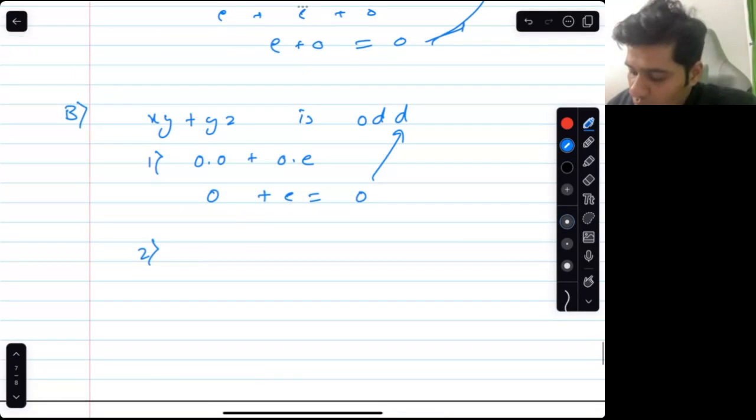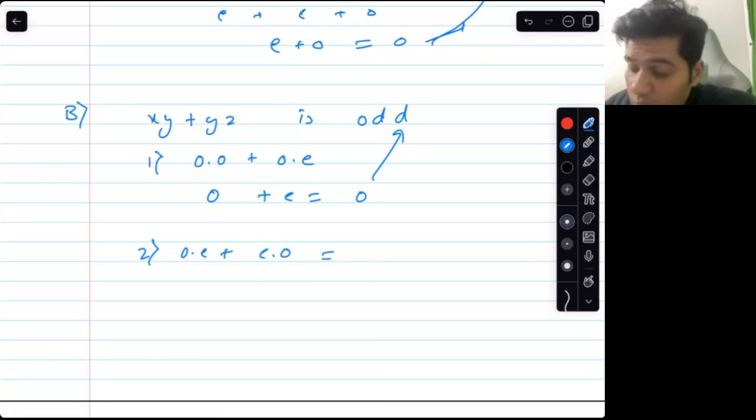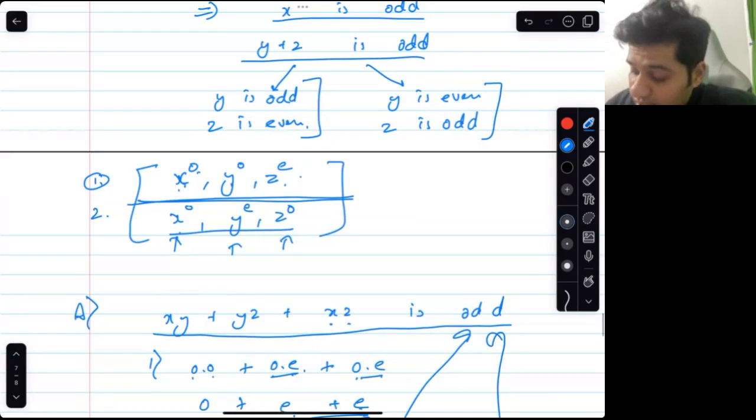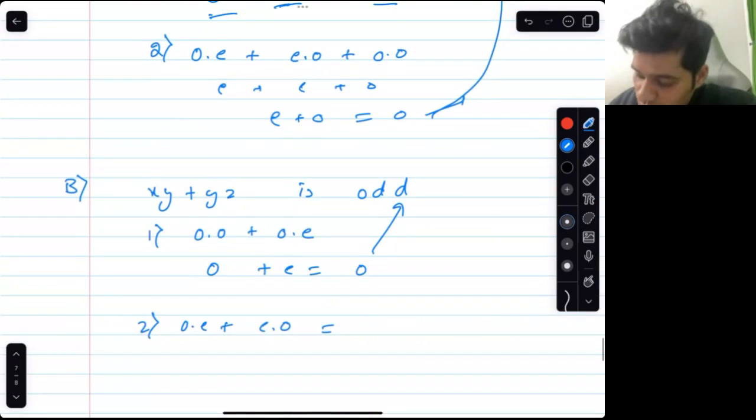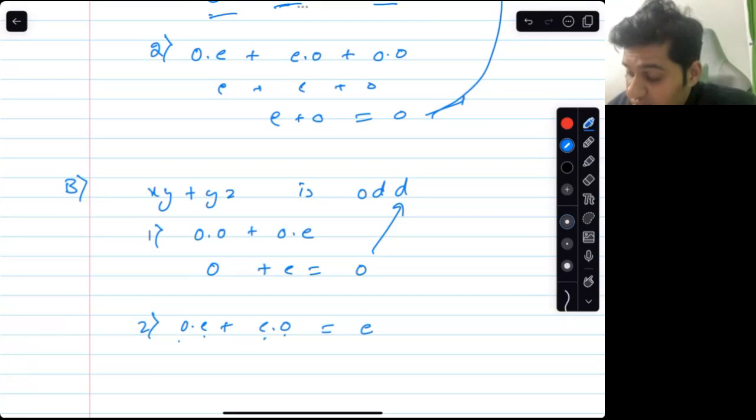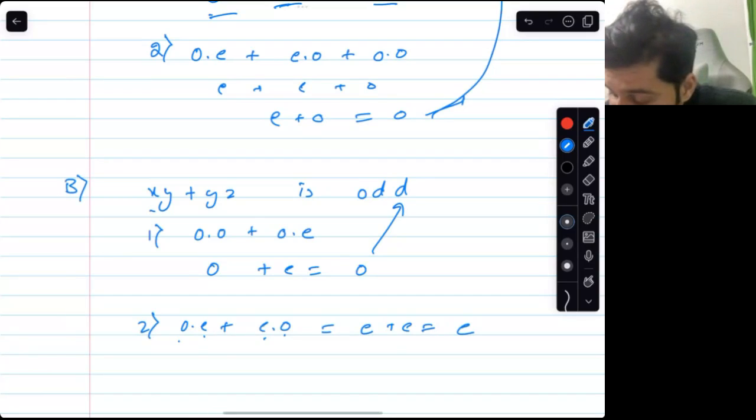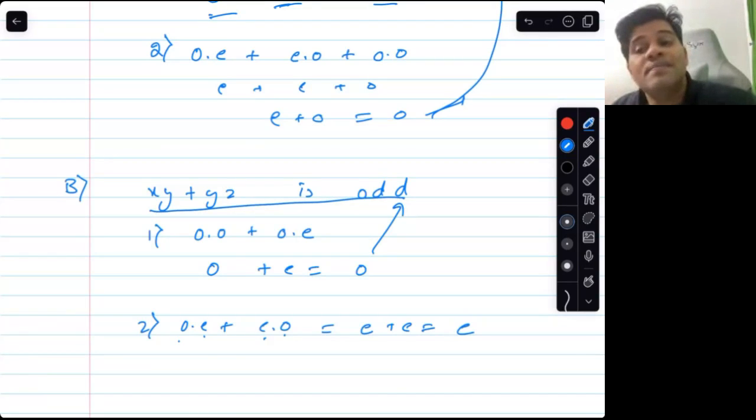So the second one is interesting actually here. X is odd, y is even, and z is odd. So I used odd into even plus even into odd. So the first one is even, the second one is even, and I got an even. And they said xy plus yz is odd. So is B false? Is B false?